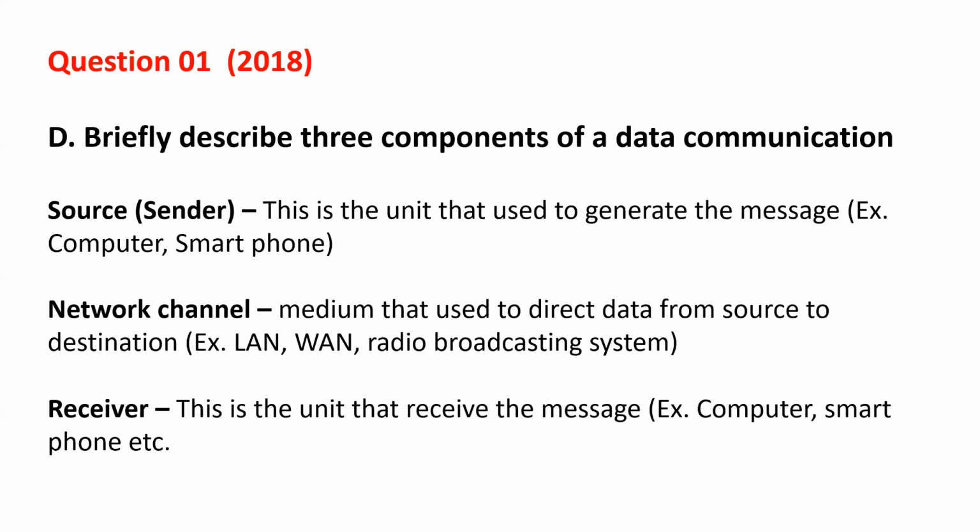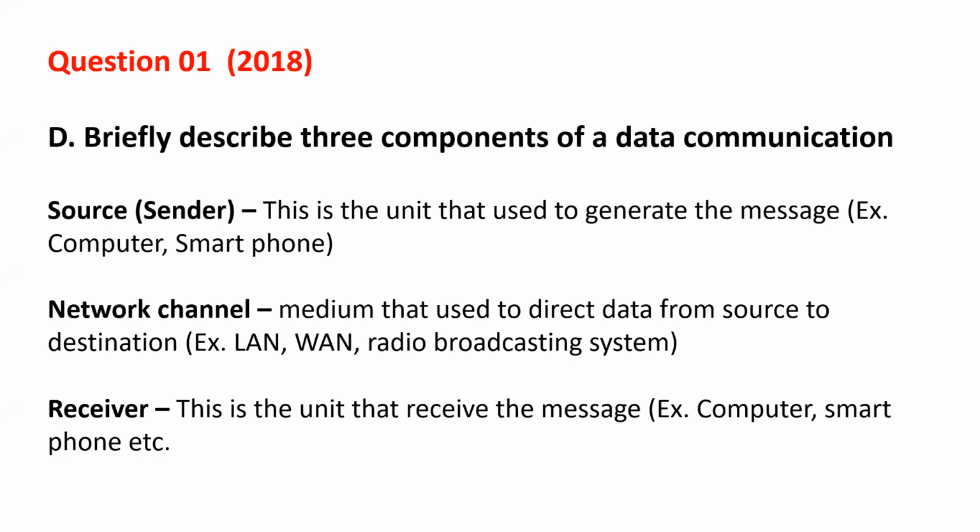This one, 2018, question number 1. Briefly describe 3 components of data communication. Now they are asking a question from data communication. Later, after the break, we discussed data communication. We drew a diagram also.